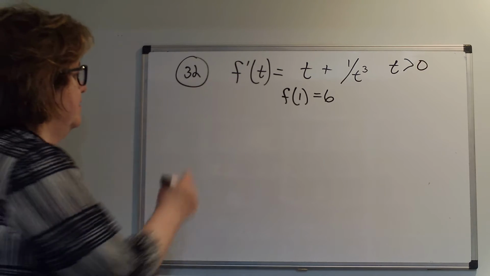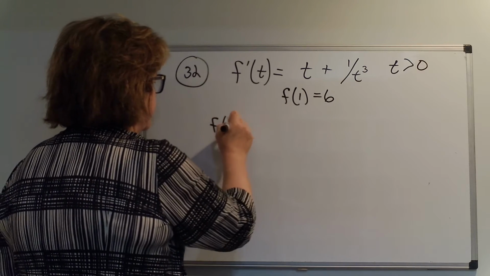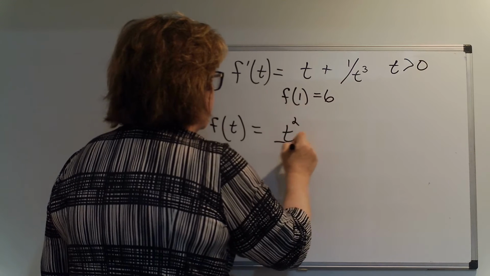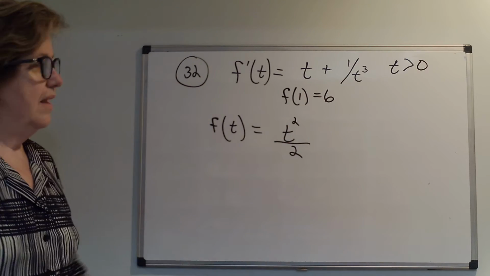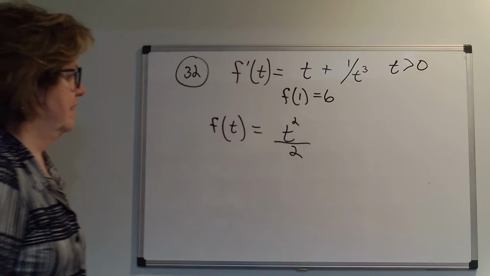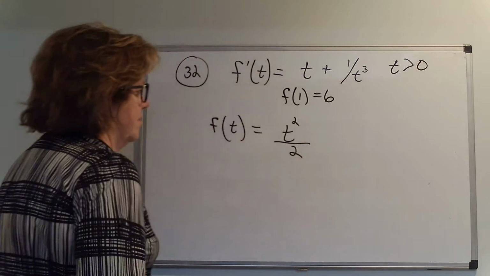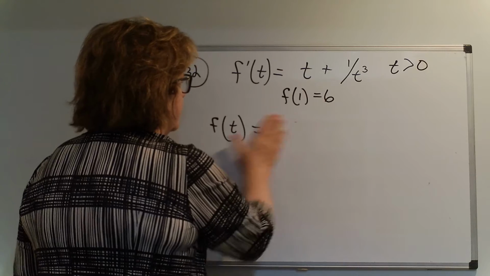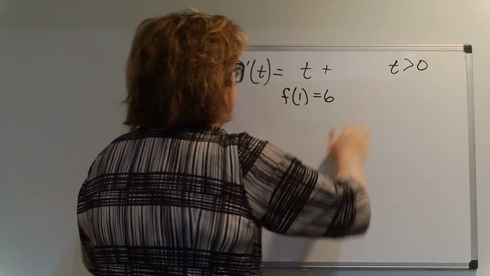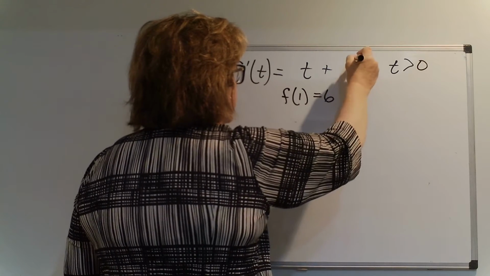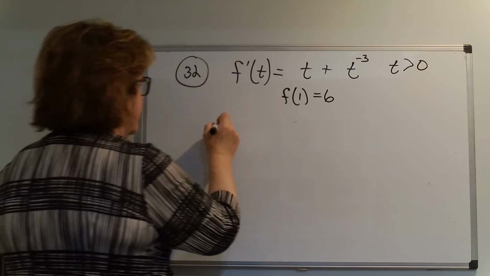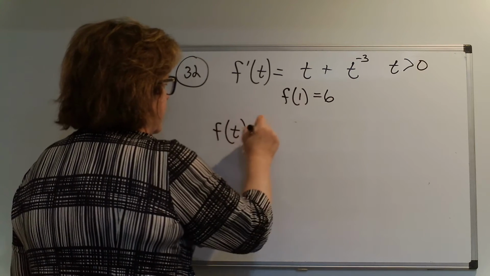So we take the antiderivative. So the antiderivative of t is t squared over 2. That's t to the 1. You add 1 to the 1 and divide. And then this is, let's hold on. Before I do this, let me write this as t to the negative 3. 1 over t cubed, t to the negative 3. So now let me go back.